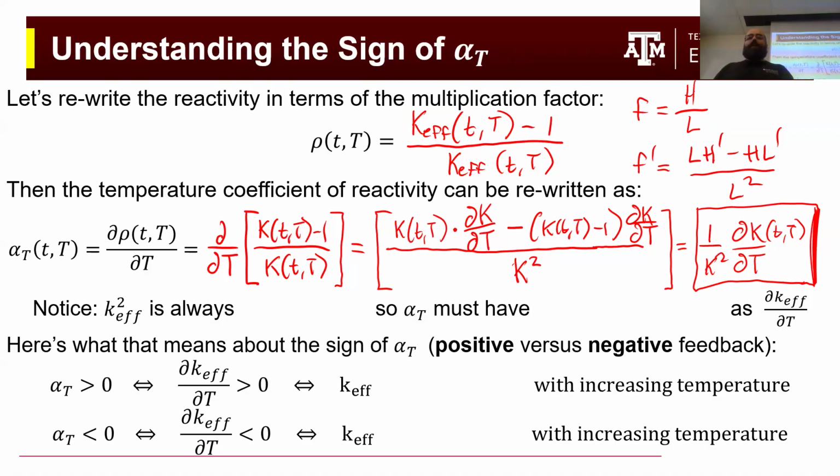K effective squared is always going to have what sign? Positive or negative? Positive, right? Because it's squared. So K effective squared is always positive. So if alpha T is 1 over k squared times the derivative of k with respect to temperature, then how does the sign of alpha T have to compare to the sign of the derivative of k?